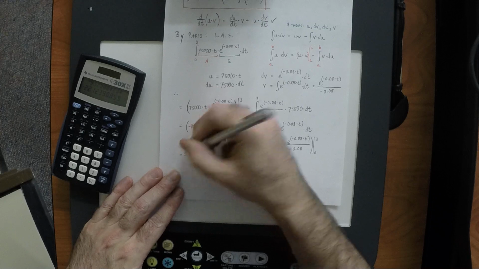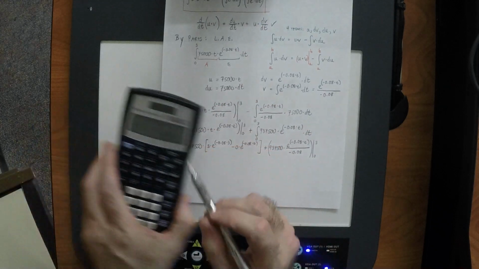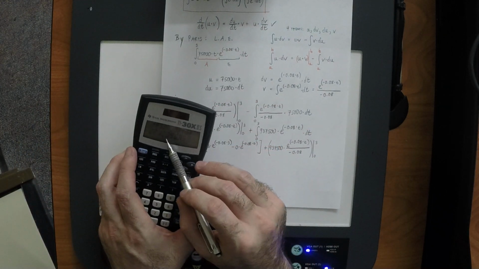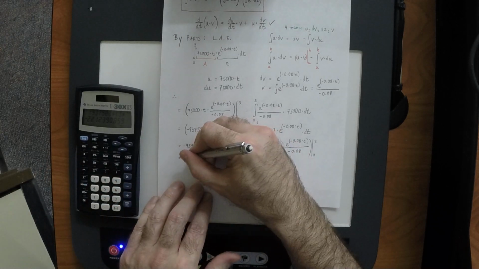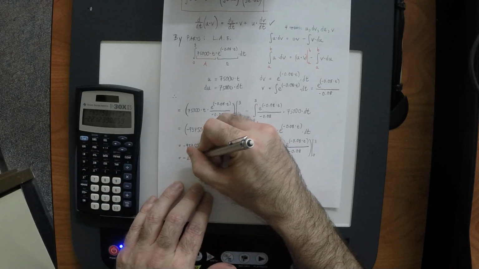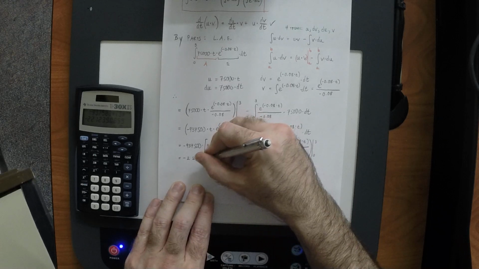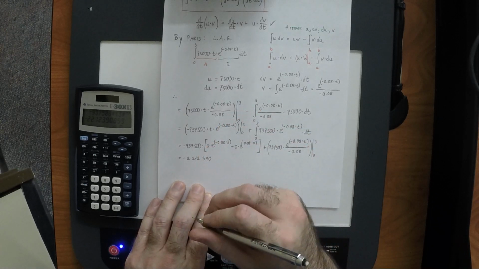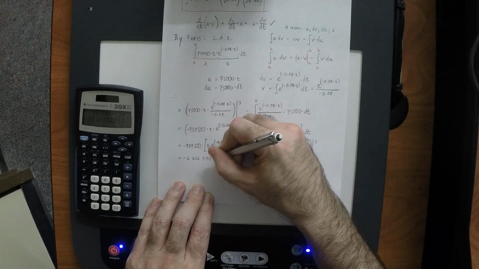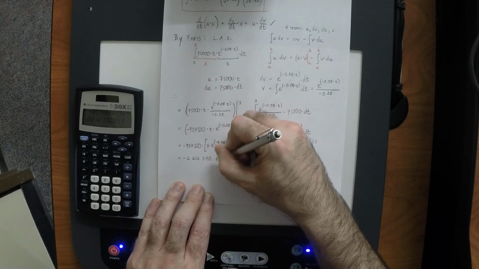So that's a negative, how many is that? Negative 2,212,390.859.